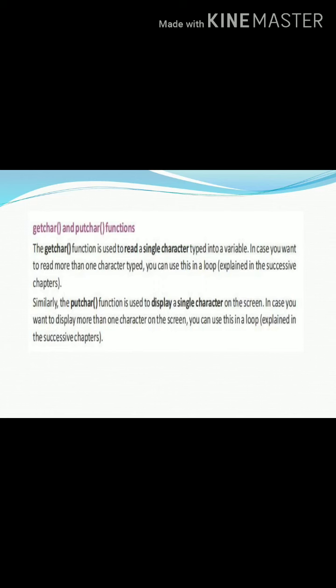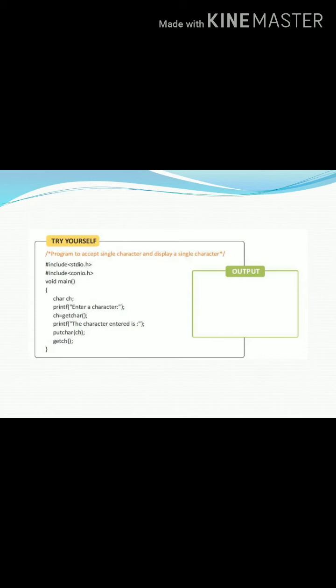Can you see it on the screen, children? Both are header files. Before that we have a comment line enclosed within slash and star, and void main is a function. Below that the flower bracket, then char ch.